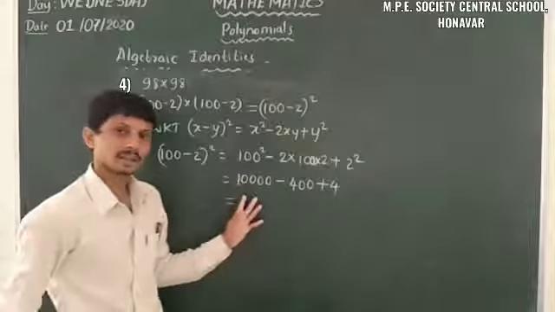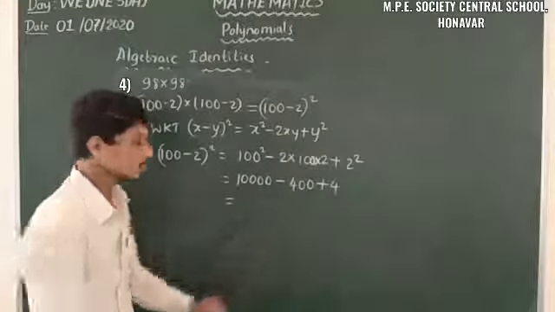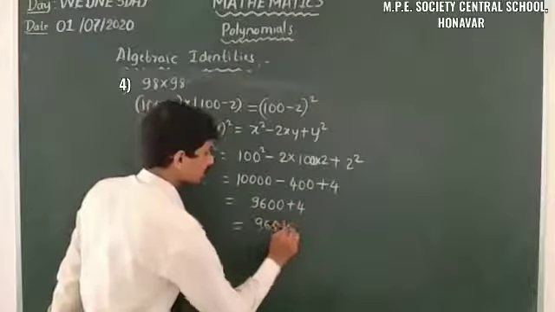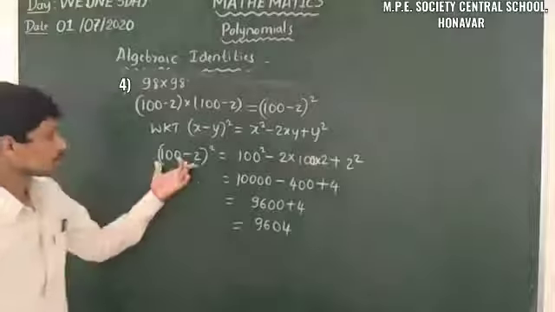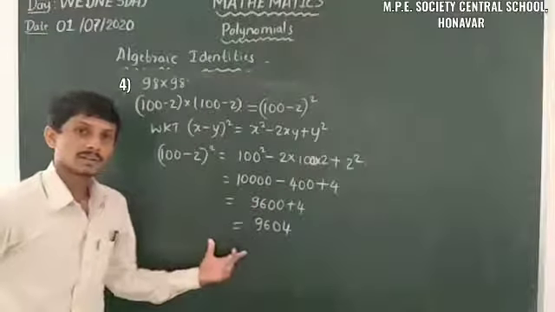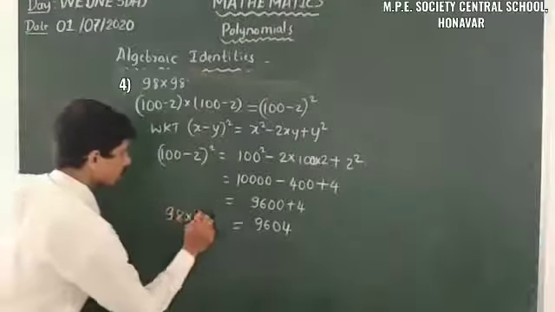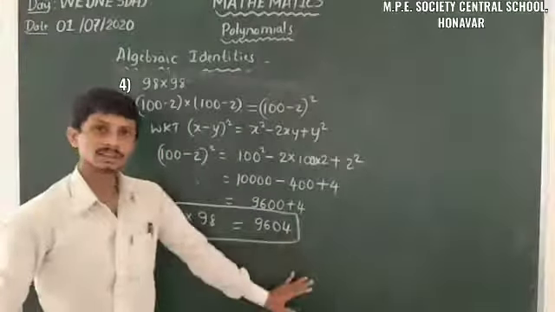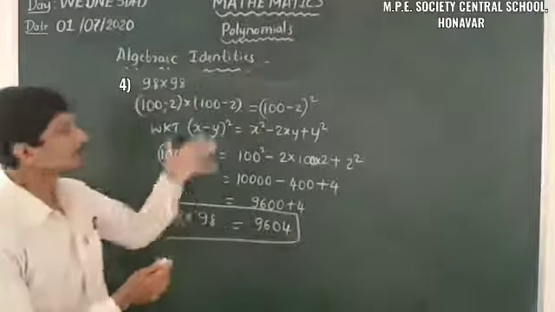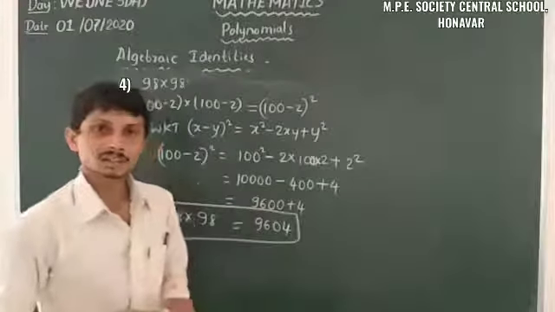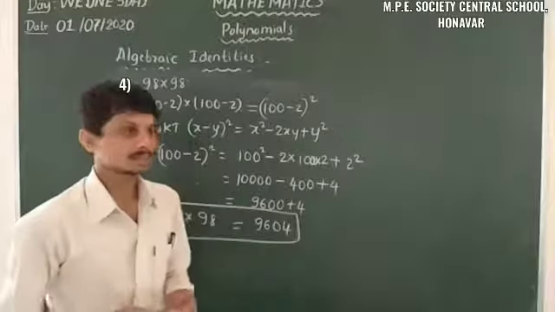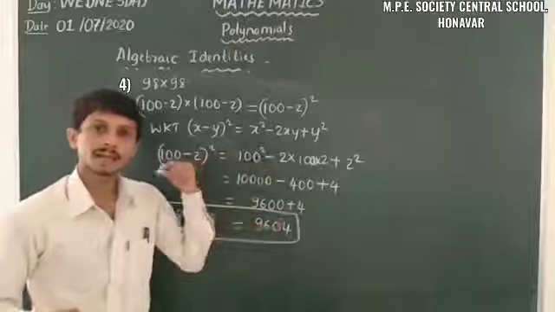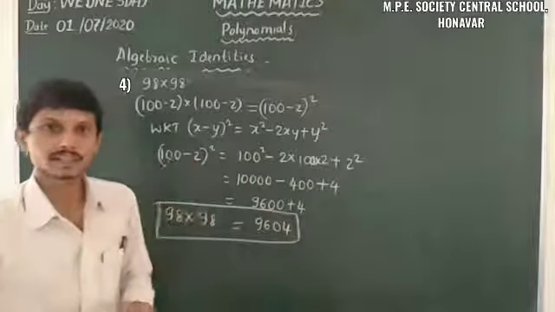When we subtract 400 from 10,000 we get 9,600, plus 4 is 9,604. So the answer of 98 into 98 is 9604. If we multiply 98 into 98 directly it becomes lengthier for us, but here we easily did the work with the help of an algebraic identity. So let us take another example.